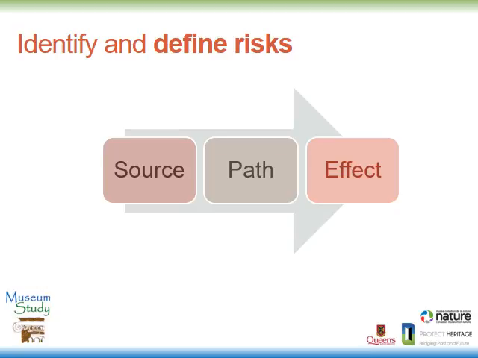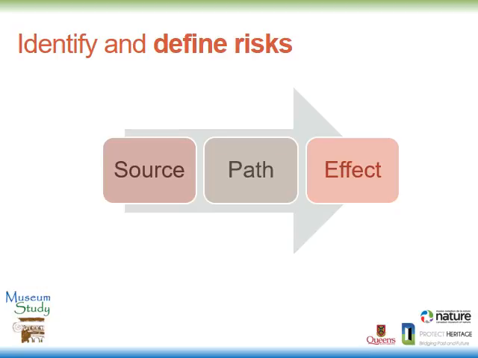Say in the case of an earthquake, is it the direct action of the vibration on objects, or is it toppling of storage hardware, of shelves? Is that the path through which damage occurs? And then finally, the effect. Is it breakage? Is it a rubbing type erosion, a wear of an object? We try to be specific about each of these 3 aspects of the risk definition: the source, the path, and the effect.